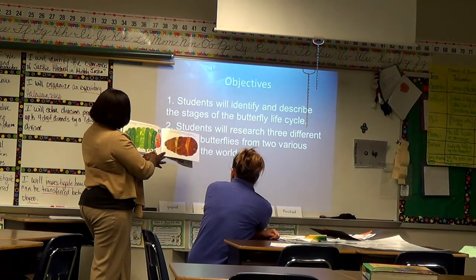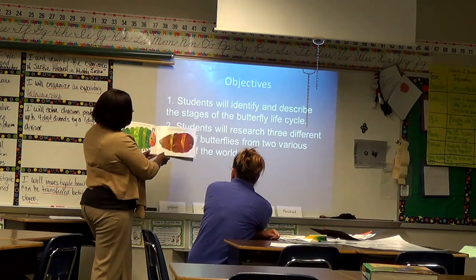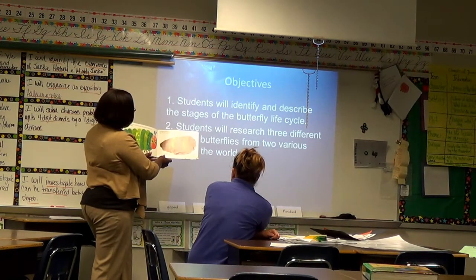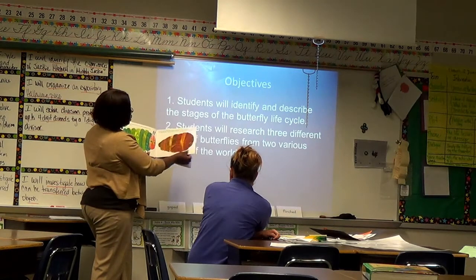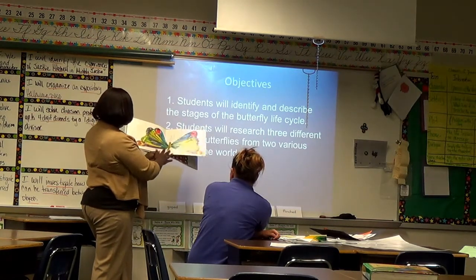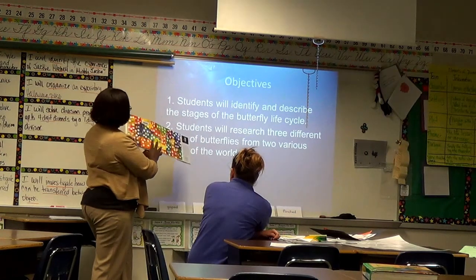Now he wasn't hungry anymore, and he wasn't a little caterpillar anymore. He was a big, fat caterpillar. He built a small house called a cocoon around himself. He stayed inside for more than 2 weeks. Then he nibbled a hole in the cocoon, pushed his way out, and he was a beautiful butterfly. The end.